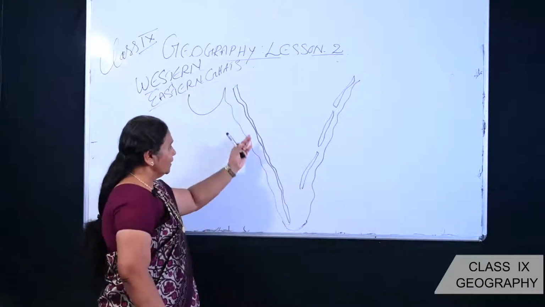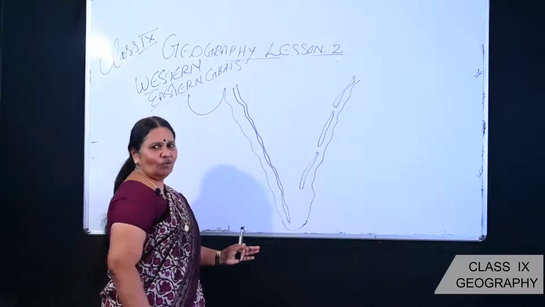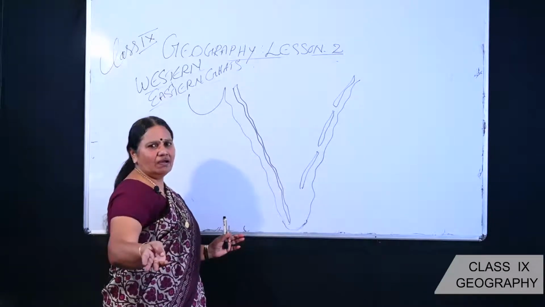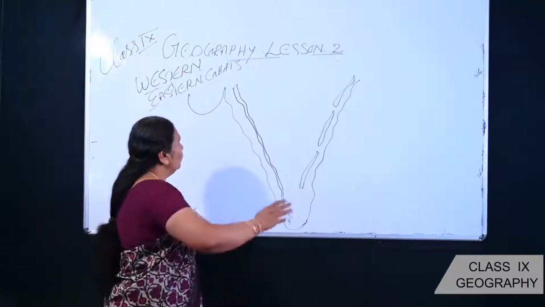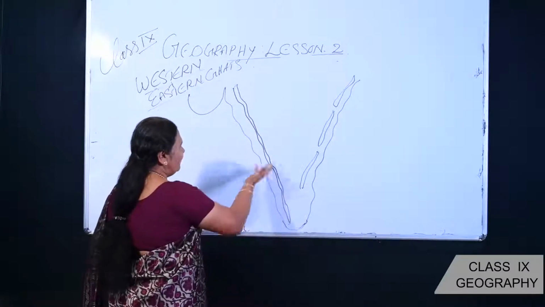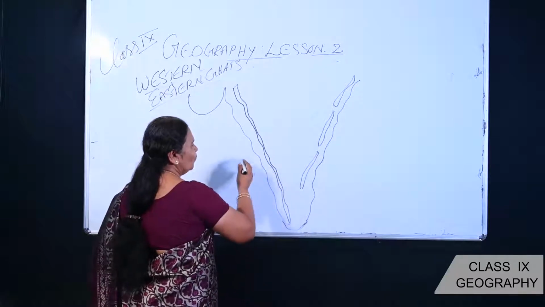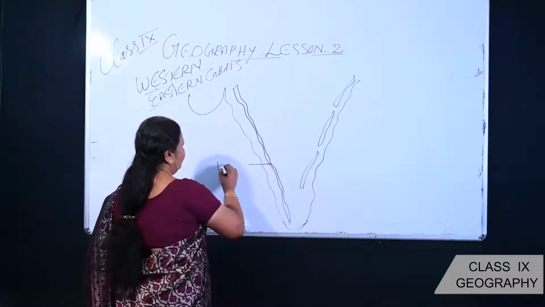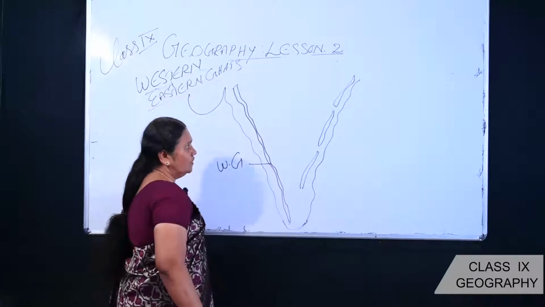Regular, continuous, unbroken. Only passes are there, like Bhor Ghat and Palghat passes. So no chances for discontinuity. In which direction does it lie? Yes, west. So it is the Western Ghats.